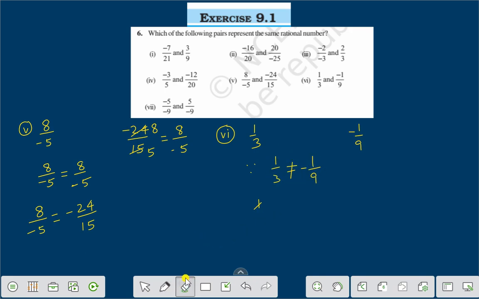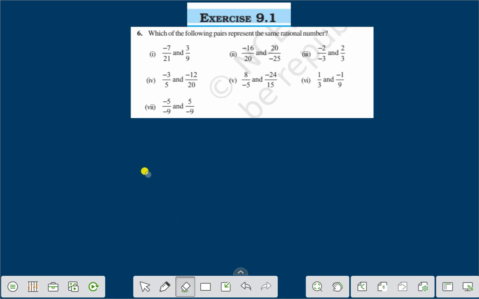Now question number 7. Here you see, one is minus 5 by minus 9, and this other is 5 by minus 9. Here minus minus will cancel, we will get 5 by 9.